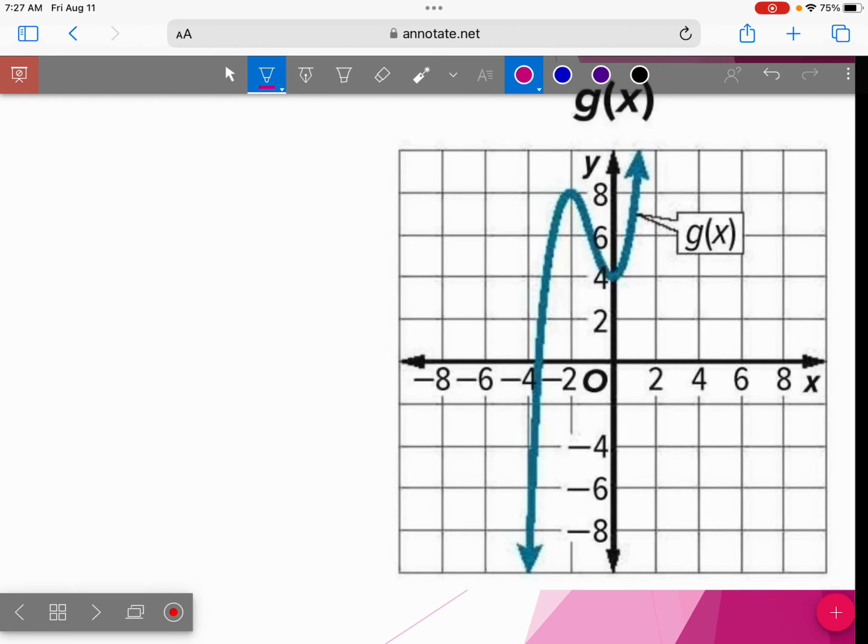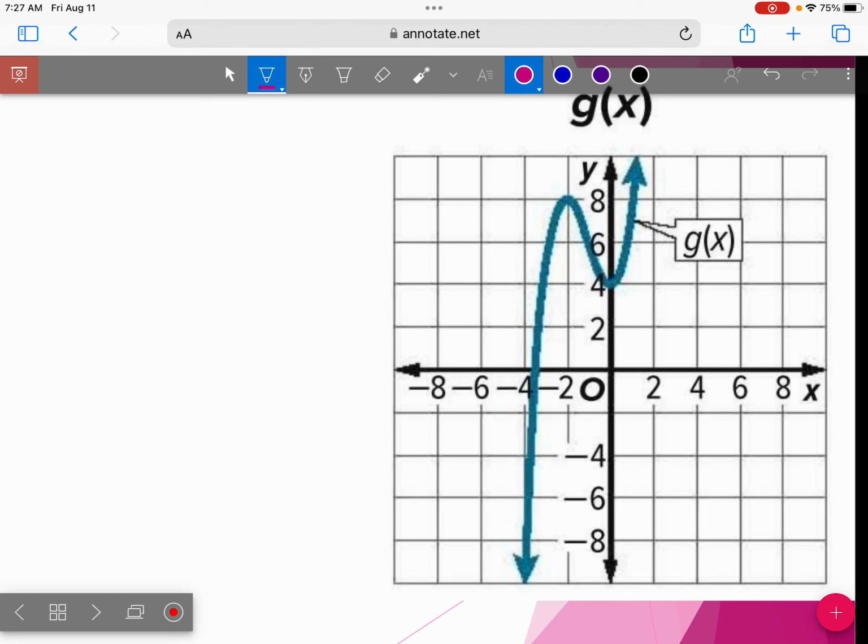Let's do g of x. I have two places where it makes either a mountain or a valley. Got this one, and this one. So my little pink point up here, this guy.